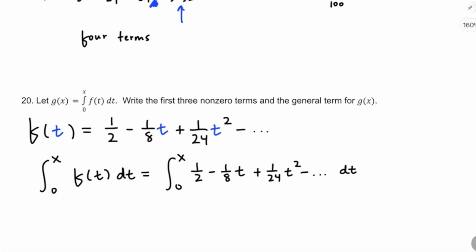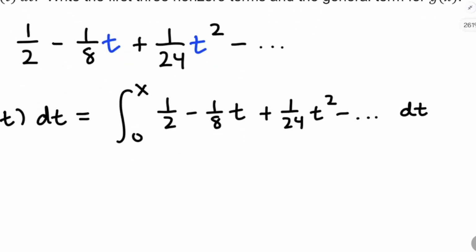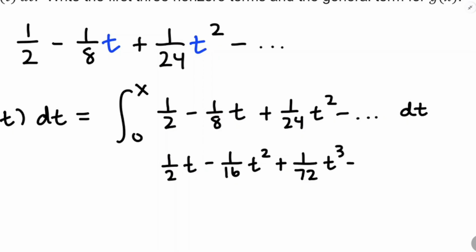Okay, now sometimes what we can do is we can just get the first three non-zero terms and we can see the pattern. And sometimes we're going to want to antidifferentiate the general term. But I think this is one we're going to want to just see the pattern. All right, so if I antidifferentiate, I'm going to get 1/2 t minus 1/16 t squared plus 1/24 times 3 is 72, t to the third minus ... as t goes from 0 up to x.